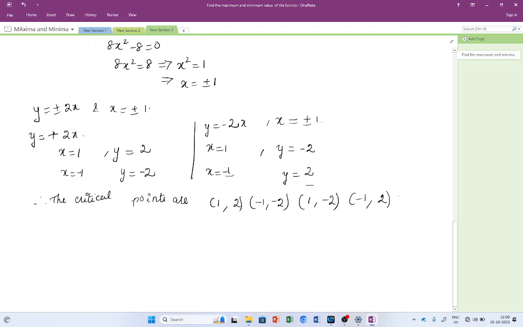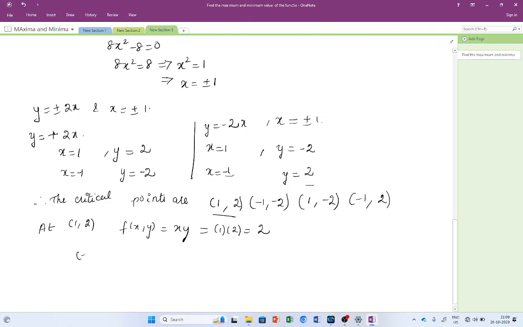After this, I'm going to find what f(x, y) is at these points. At (1, 2), if I'm taking the first point, f(x, y) is nothing but xy. So if I substitute x = 1 and y = 2, it will be 1 into 2, which is equal to 2.